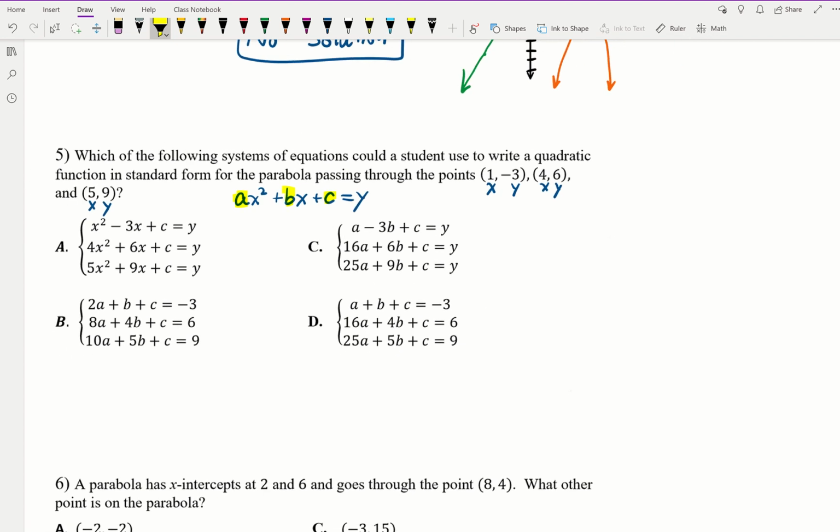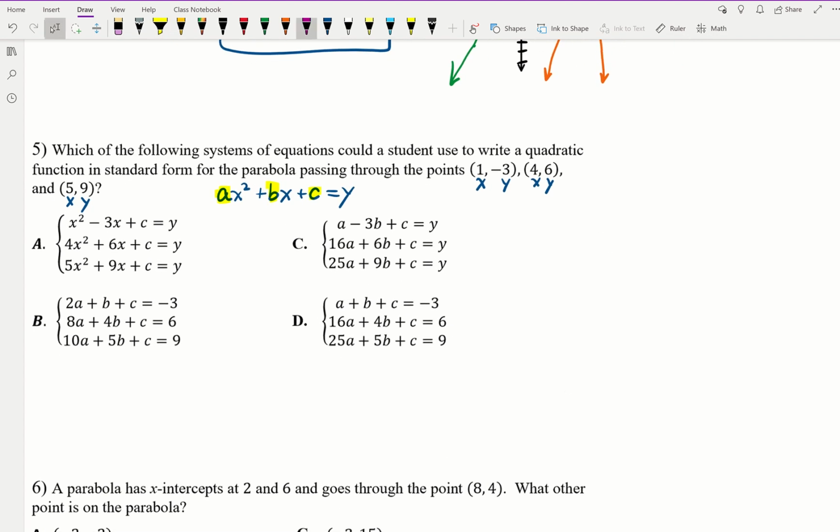And the way that we're going to come up with those equations is we're going to plug these coordinates into this equation. All right. So if I use the point (1, negative 3), then this becomes a times 1 squared plus b times 1 plus c equals negative 3.